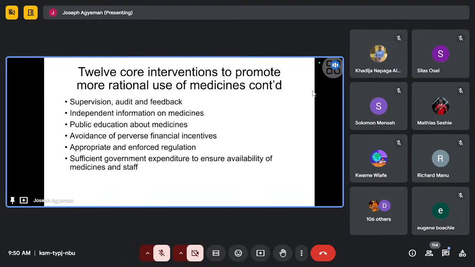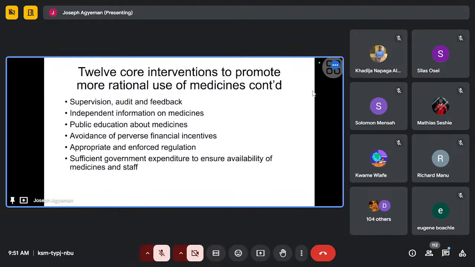If they don't pay, you may have to pay. So clinical audit is very, very important. We don't do it here, but it is something that can also be used to help care. Remember, cost is there. So if Flagyl is cheaper, can do the job, why do you create unnecessary cost by prescribing clindamycin? Then independent information on medicines.